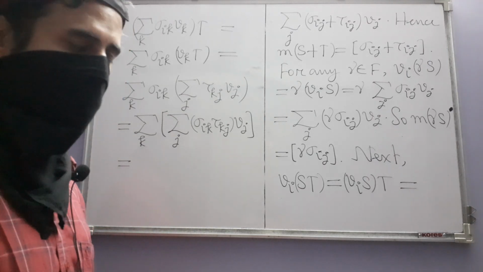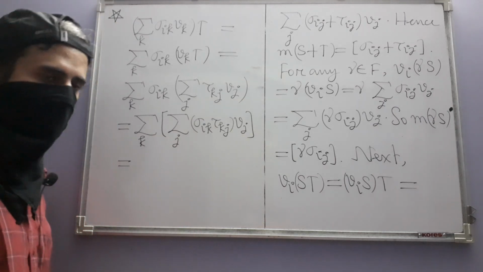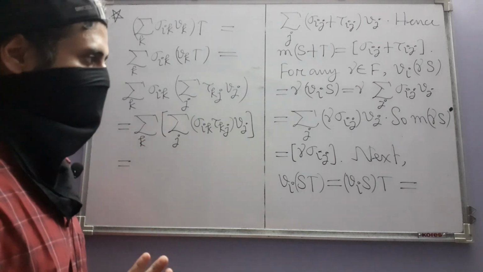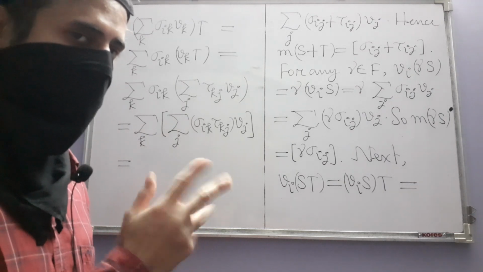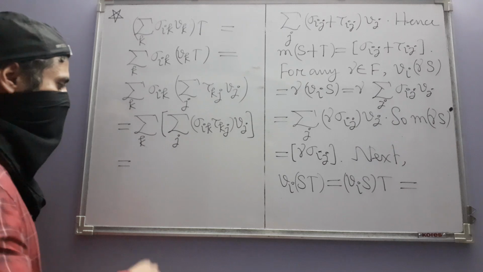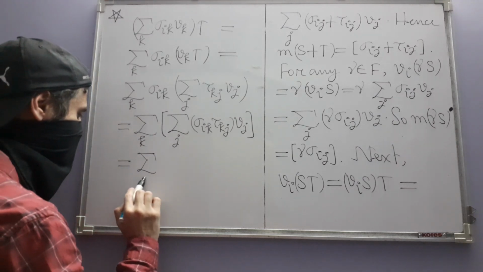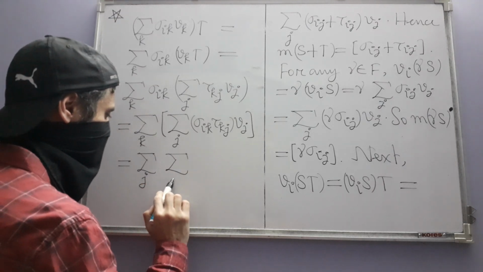It's called Fubini's theorem for finite sums. But forget about those names, Fubini's theorem or whatever. This is not always the case for infinite sums or infinite series. For finite sums, we can switch the order. Okay, so if we assume that fact, then we can write the two sums like this.